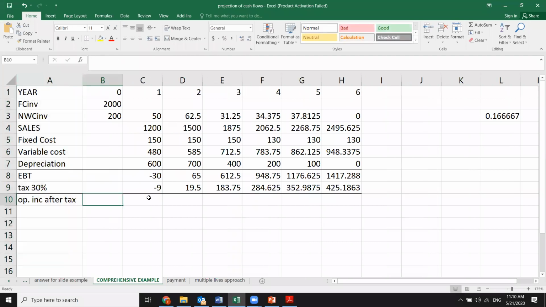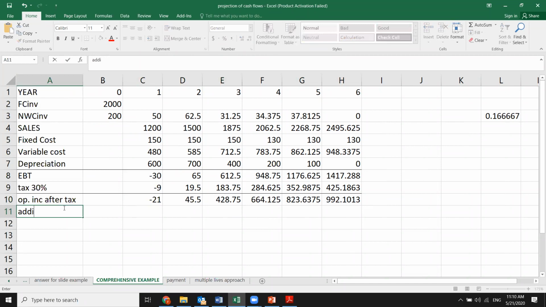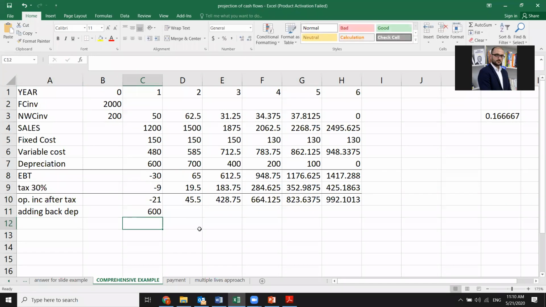So operational income after tax is equal to, we're just subtracting all the numbers. Minus 21. Now we proceed with this. And then what we need to do is add the depreciation back. We are adding back the depreciation amount, which was this one, 600.